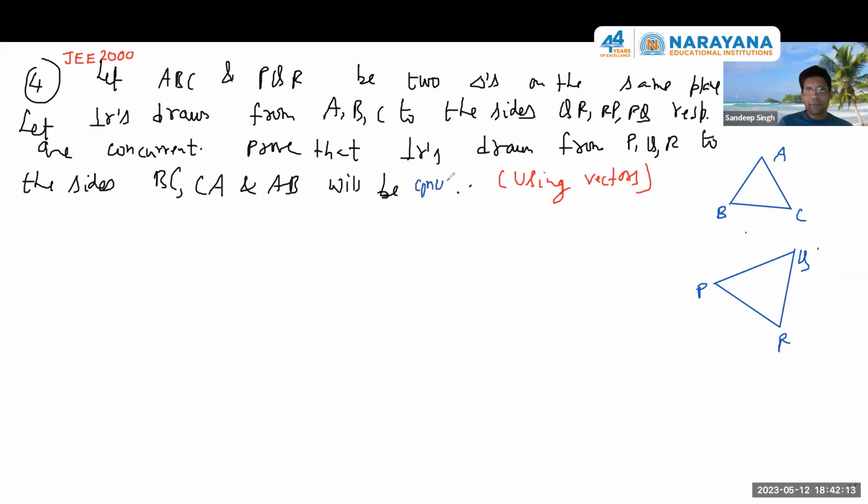Please make this correction. The last word is not perpendicular, because perpendicular I have already. The perpendiculars from this will be concurrent. This is what you have to do. Actually, I forgot to write concurrent. They are concurrent, not perpendicular. Okay, now you try.